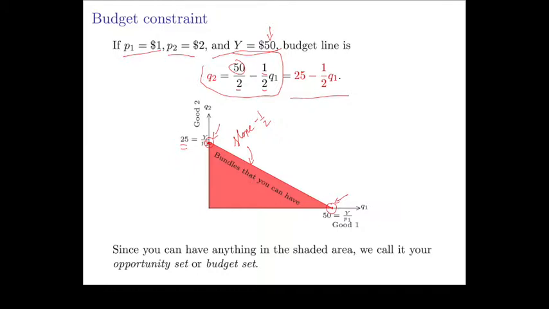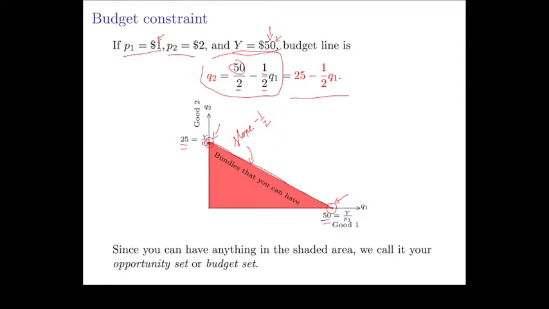Again, you've got $50, and if you spend all $50 on a good that costs $1, well, you could buy 50 units of it. So that's why you've got this intercept at 50 and this intercept at 25. Of course, you could split your money any way between the two goods, and so you get the straight line between these two bundles, which is this line here.